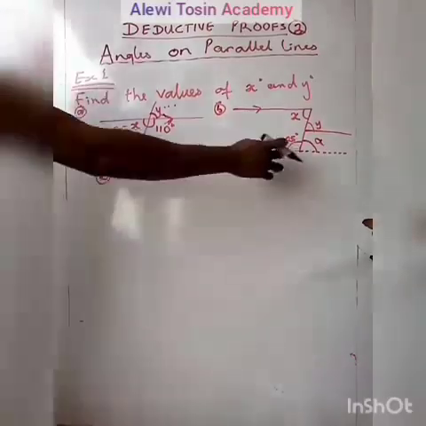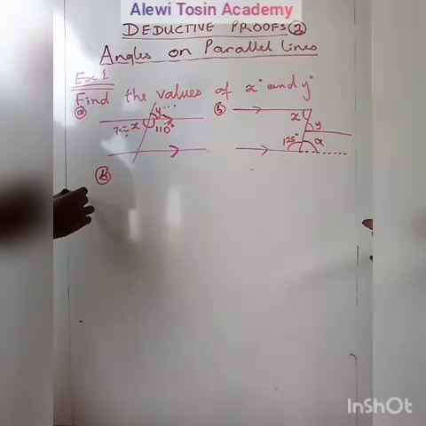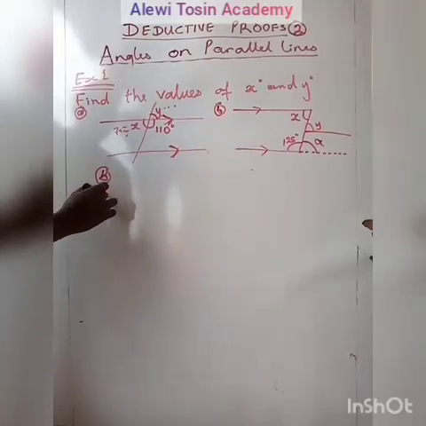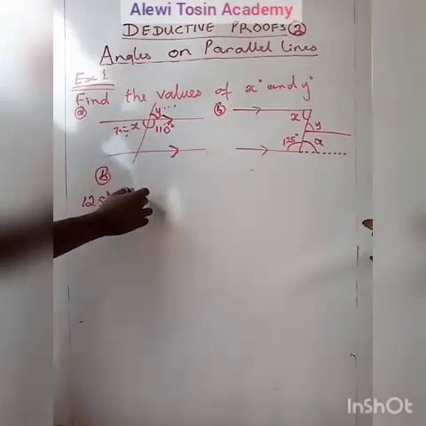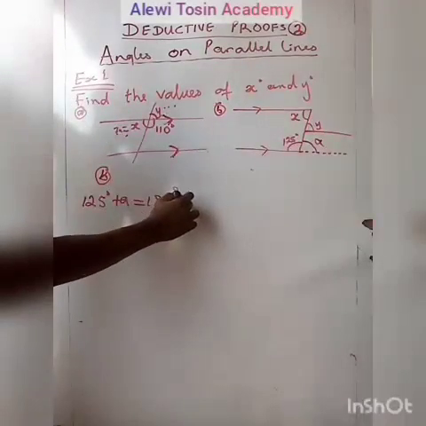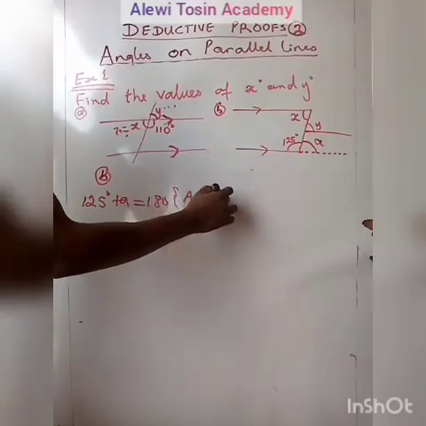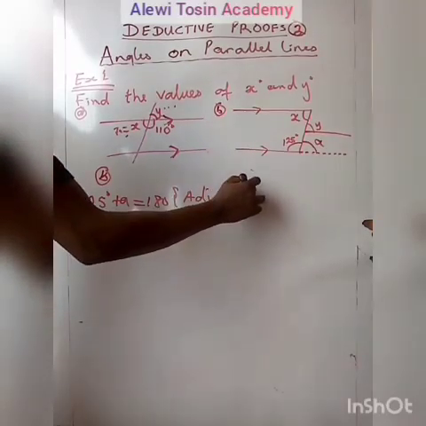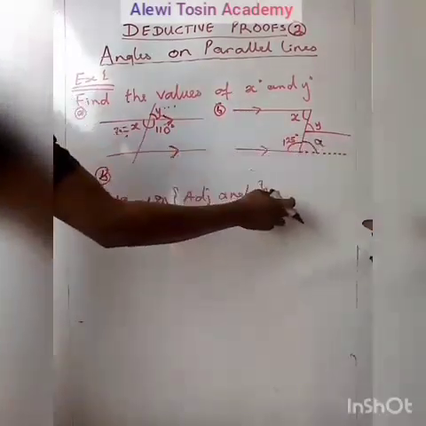Now, 125 degrees plus A will be equal to 180 degrees. Reason: adjacent angles on a straight line, or we say the sum of angles on a straight line is equal to 180 degrees.